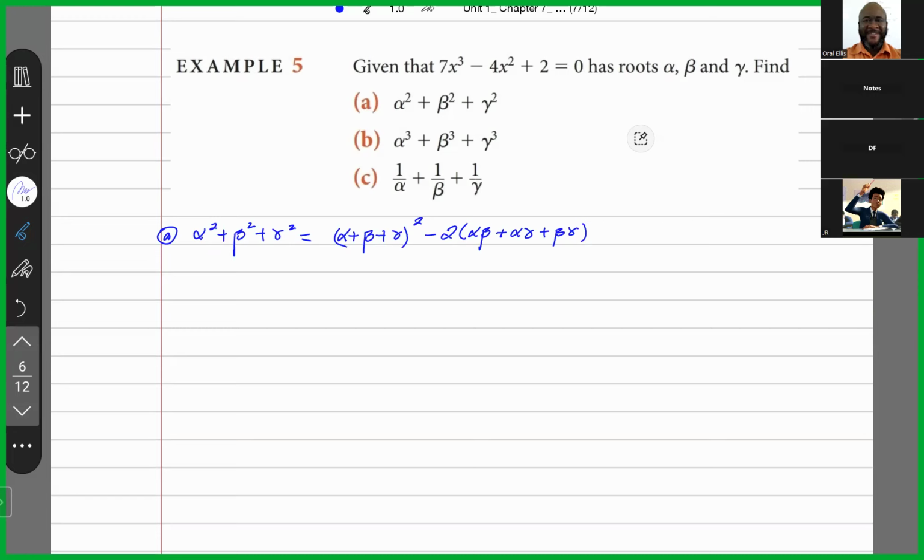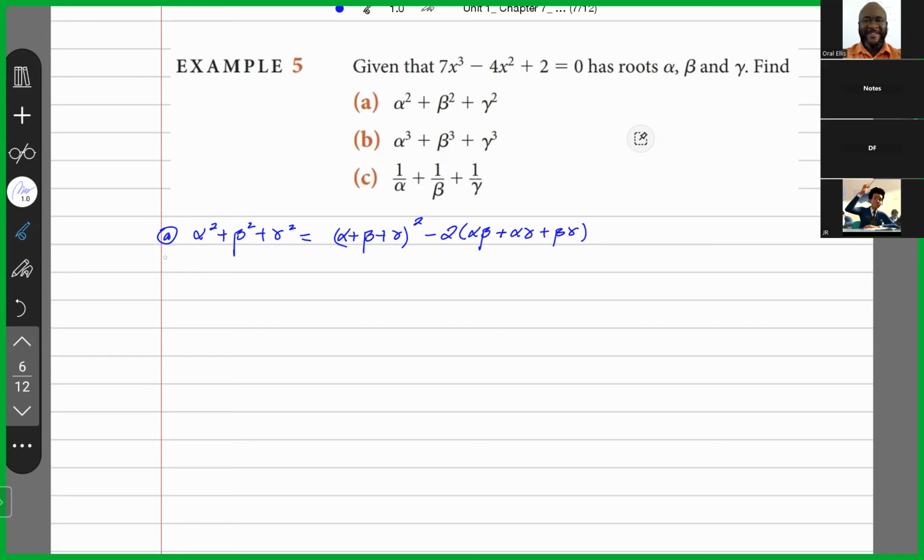All right, so that is the formula for alpha squared plus beta squared plus gamma squared. Now, most of the formulas that involve the roots will require us to know the sum of the roots, the sum of the product of the roots two at a time, and what the product of the roots is equal to. All right, we'll come back to that.